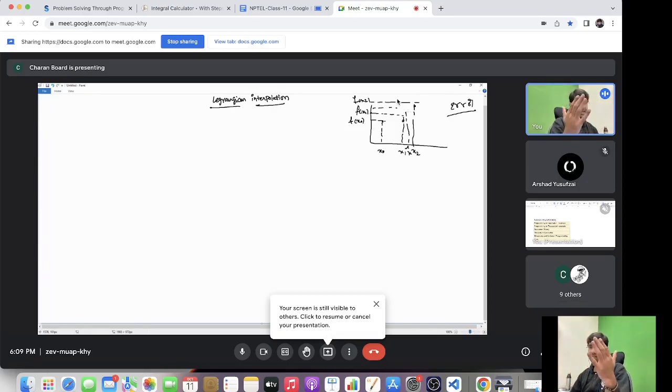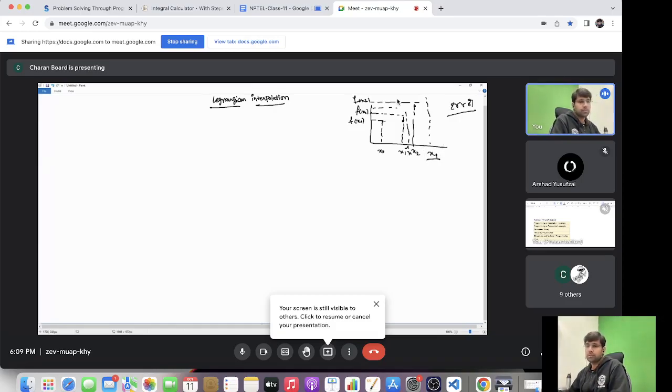This is called Lagrangian interpolation. Interpolation means you are trying to find a point that lies in between these two points. If you are trying to find a point outside the given points, say x4, which is not in the given data, and you want the value f of x4 corresponding to it, that is called extrapolation.